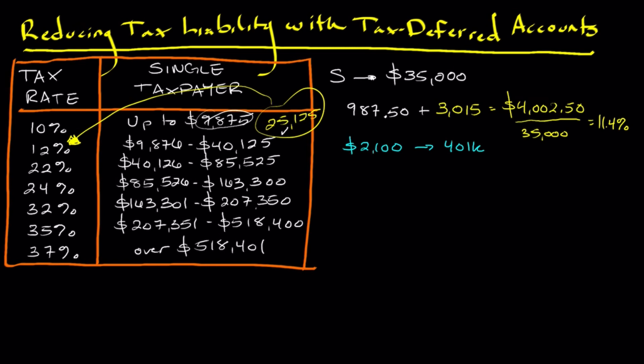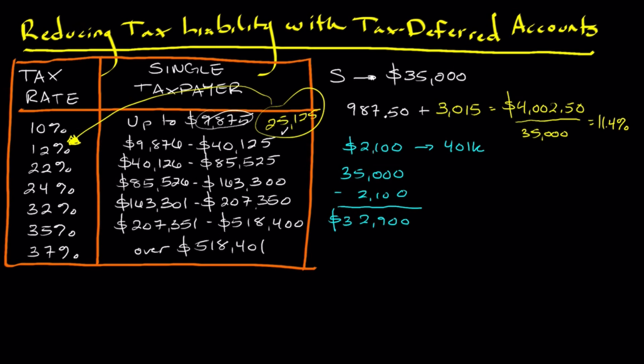So first off, let's go ahead and calculate our tax liability. The cool thing about contributing to tax deferred accounts is that it decreases your adjusted gross income. So instead of an adjusted gross income of $35,000, our adjusted gross income will actually go down to $32,900.